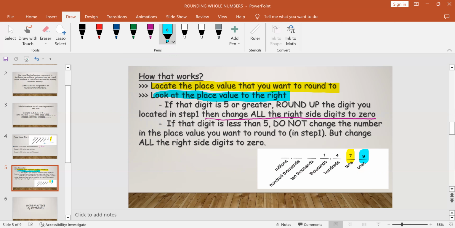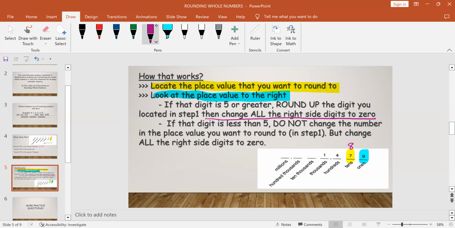And we check. If that digit is 5 or greater, round up the digit you located in step 1. Okay, so yes, 9 is 5 or greater. Therefore, the 7 will be up. And up means here, we're going to have 8. And they say, then change all the right side digit to 0.